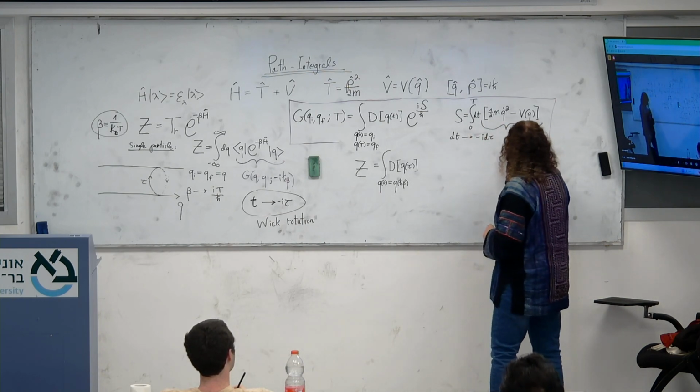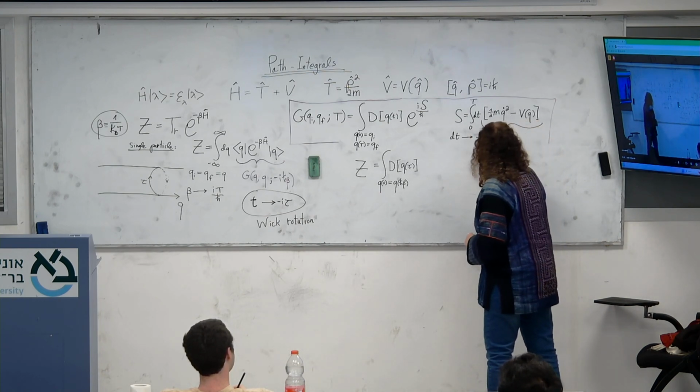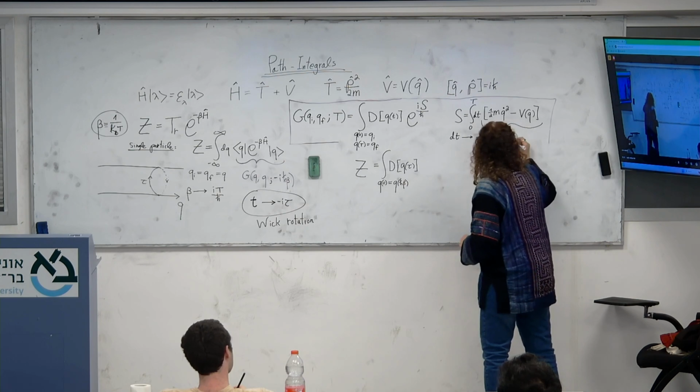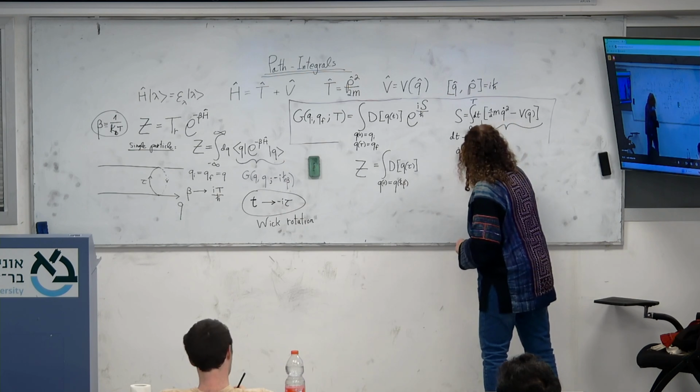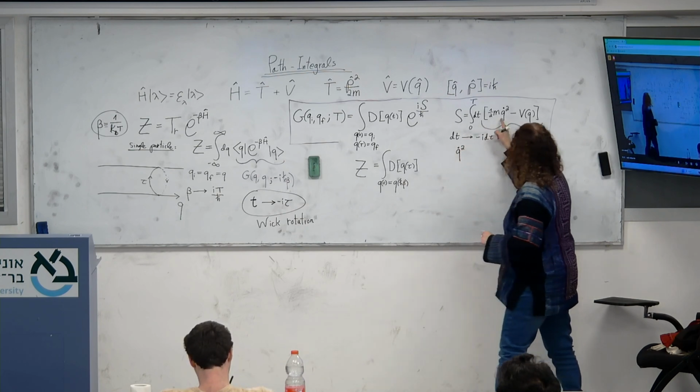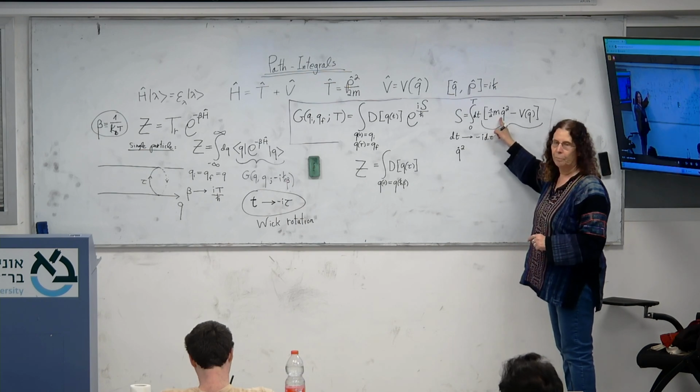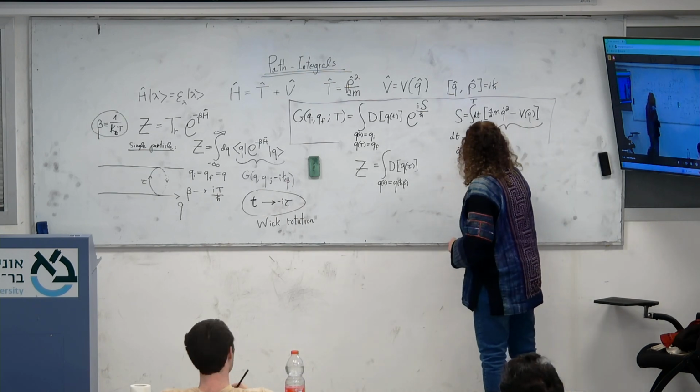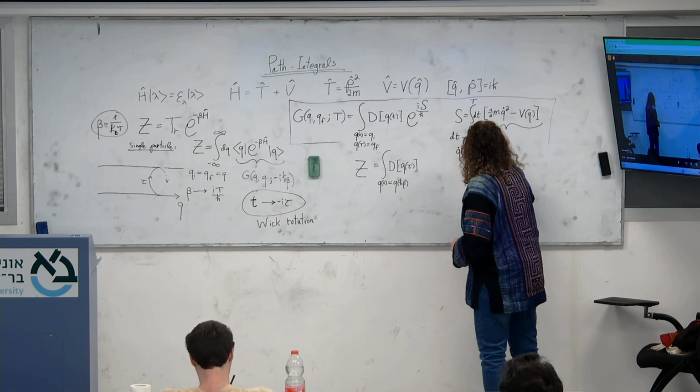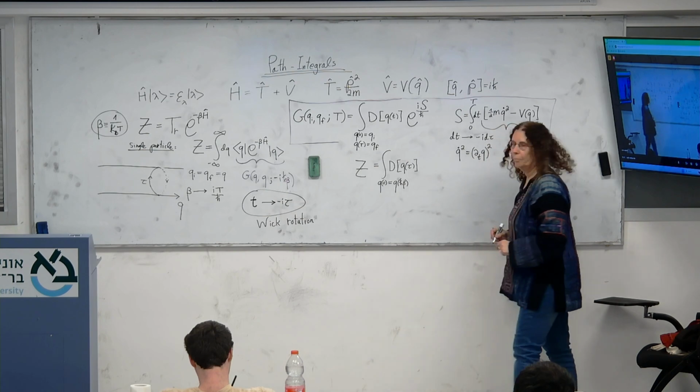And now, very importantly, here we have q dot squared in the kinetic energy. But q dot squared, if we write it explicitly, is the derivative with respect to t, right?